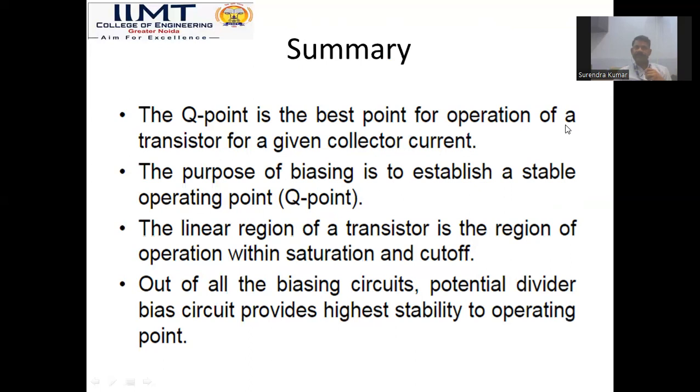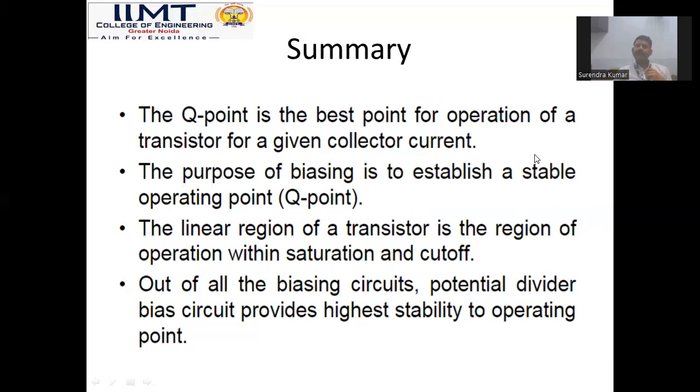So this is the summary of the previous lecture about transistor biasing circuits, and we have seen all the basic circuits: fixed bias, collector feedback bias circuit, biasing with emitter resistor, and voltage divider.